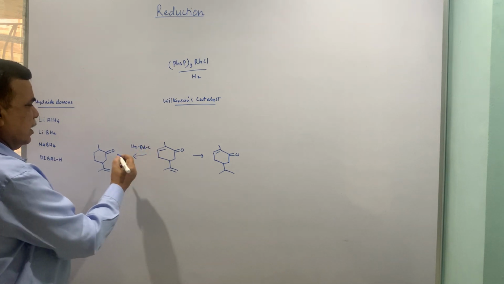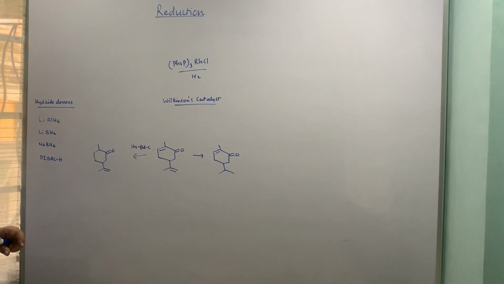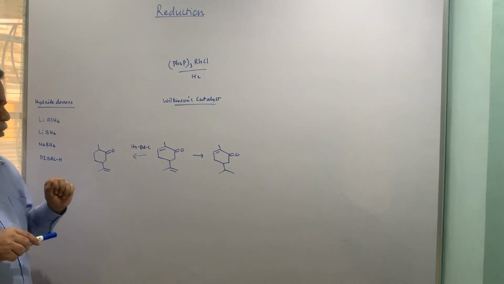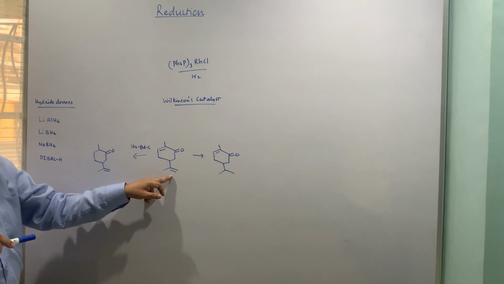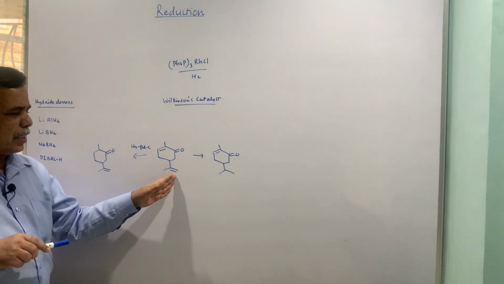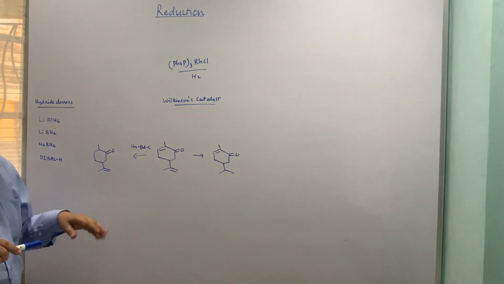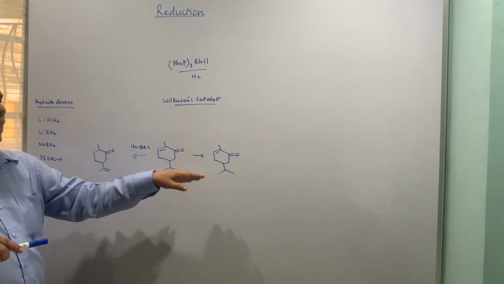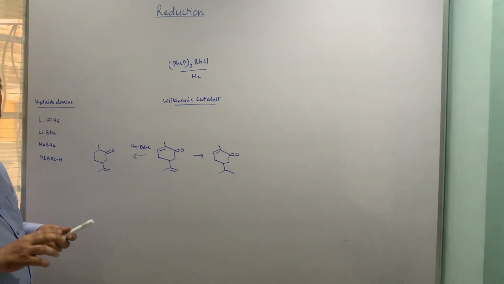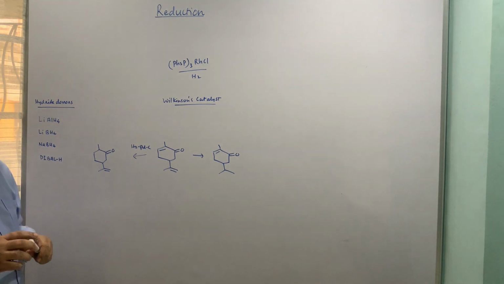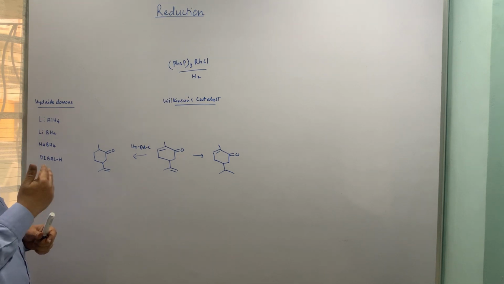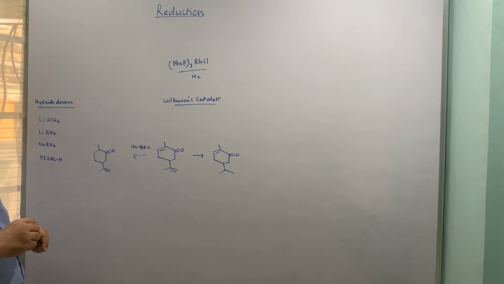This is a specific reagent used for the reduction of a conjugated double bond in presence of an isolated double bond. The other way is, if this has to be reduced in presence of the second without disturbing it, then Wilkinson's catalyst is there. So some specific reagents are there. We'll come to all those reagents. Maybe next lecture we'll have more detailed examples on this.